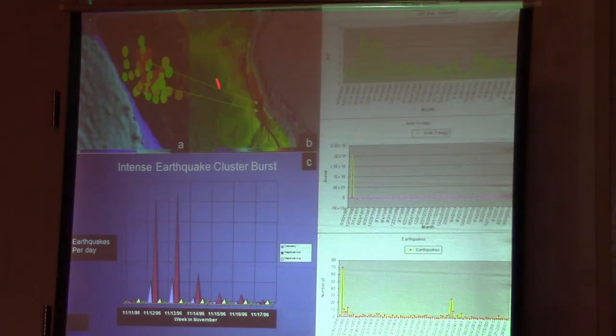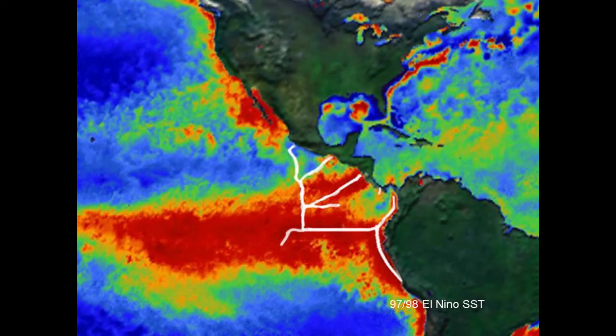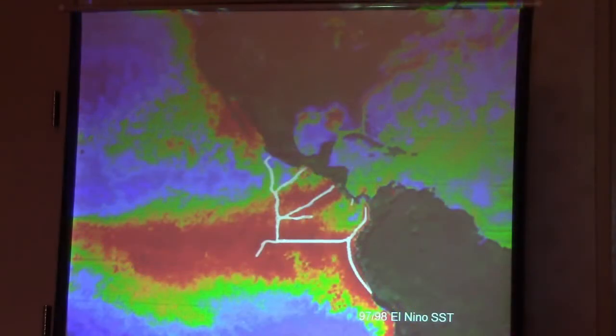But I think the heat signal first shows up right here if you look at the time series, and then it blows up to a peak that looks like that. This was the full-blown El Niño, and they define El Niños with the pressure oscillation, but they also define it with this temperature anomaly in the eastern Pacific. And this is huge, about the size of Europe. It's about an 8-degree anomaly, so it's a lot of energy.